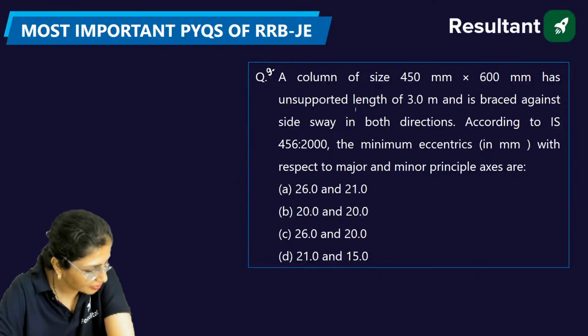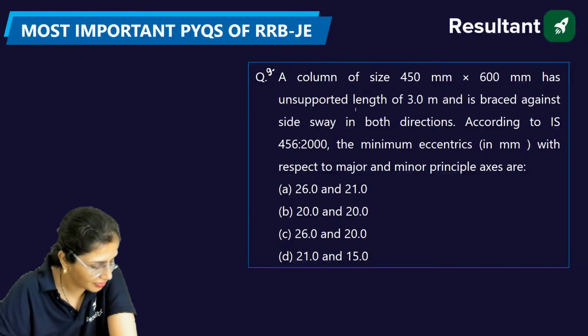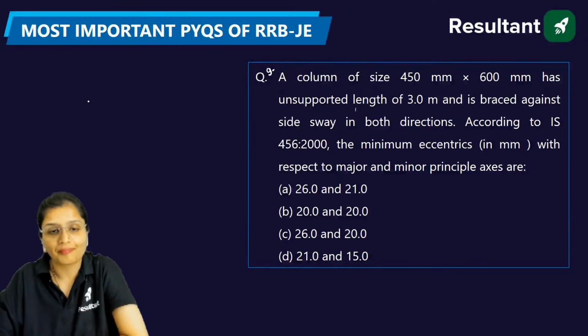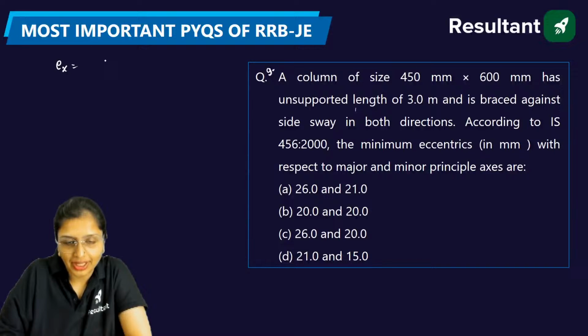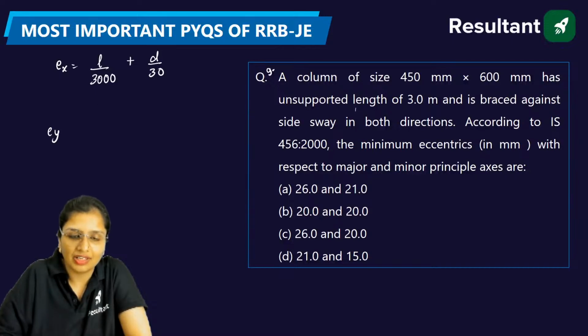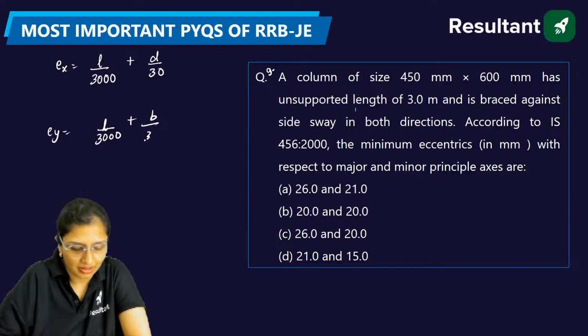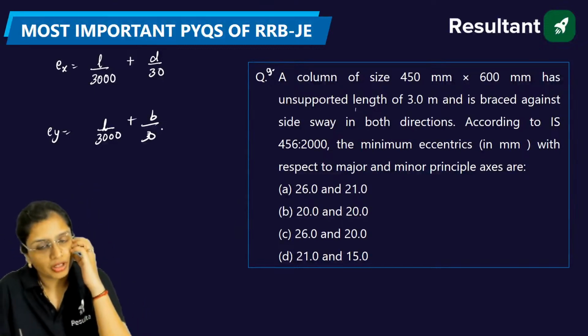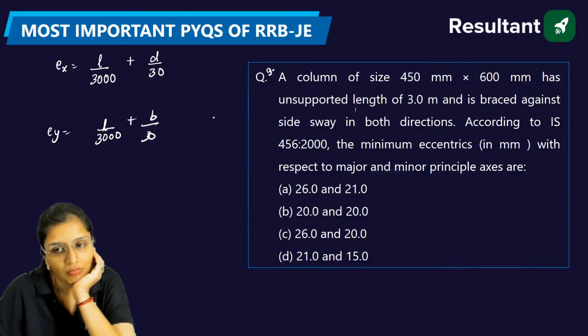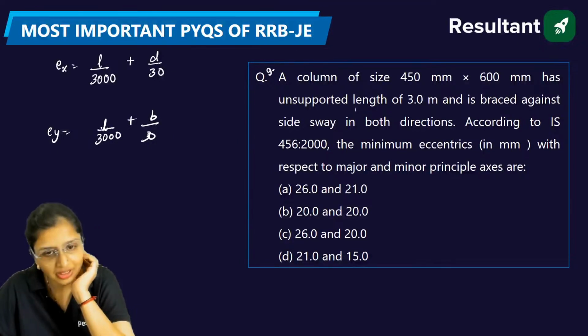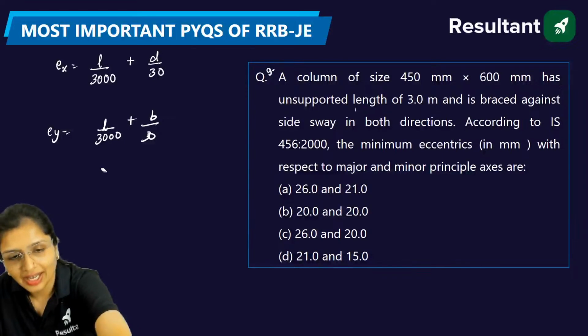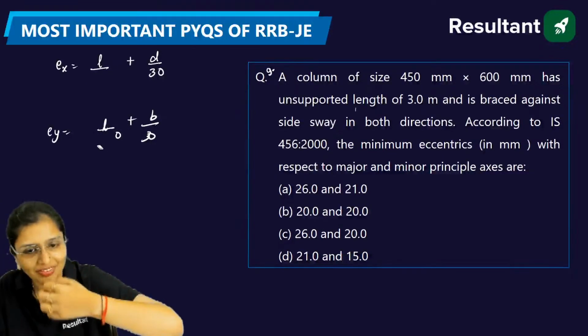Come on, calculate. Ex is L by 500 plus D by 30, Ey is L by 500 plus B by 30. Just a minute, I was thinking something wrong.